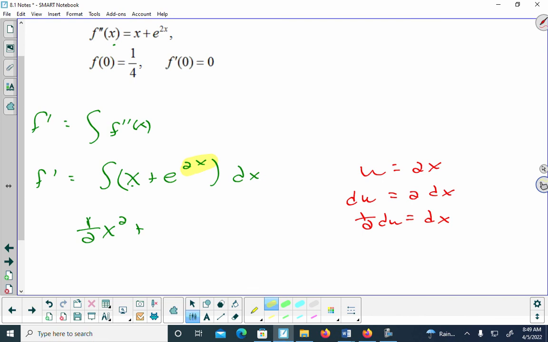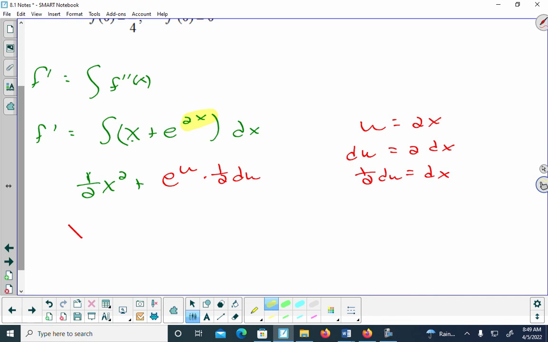Then this will be plus e to the u times 1/2 du. So I'm going to have x squared over 2 plus e to the 2x over 2 plus c, and this is equal to my first derivative.